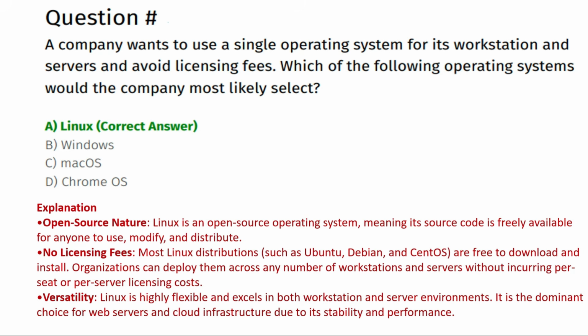Versatility: Linux is highly flexible and excels in both workstation and server environments. It is the dominant choice for web servers and cloud infrastructure due to its stability and performance. So that's why the correct answer for this question is option A, Linux. So let's move to the next question.